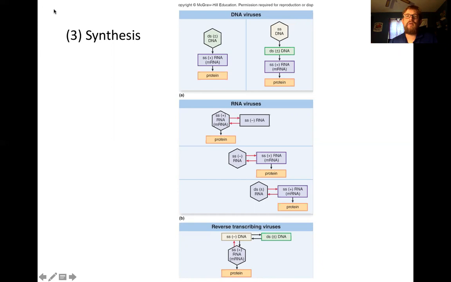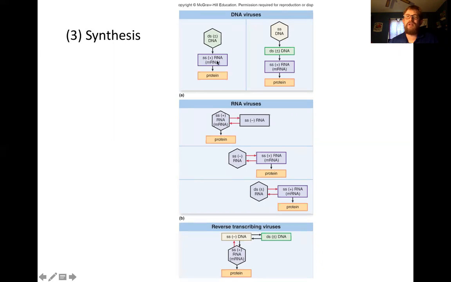There we go. Sorry, the Zoom thing was blocking me. So you have double-stranded DNA and single-stranded DNA, and in this case they start a little different. With double-stranded DNA, you make mRNA from it, just like we would before.